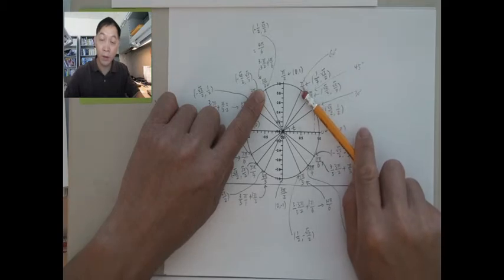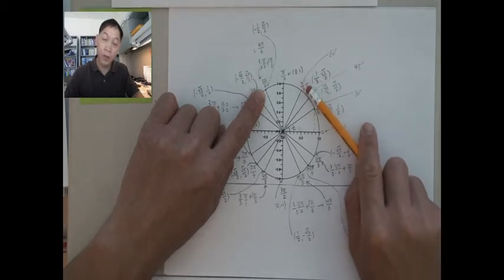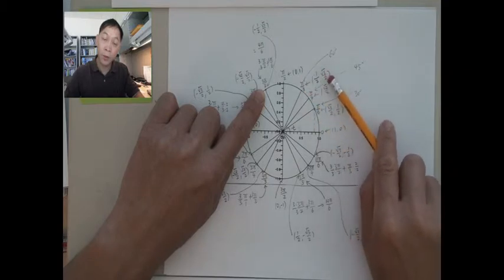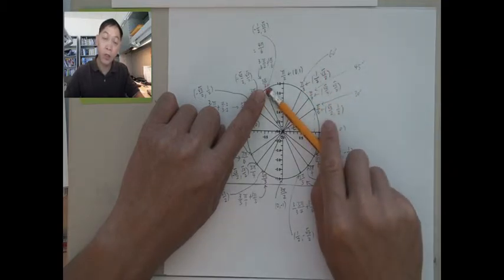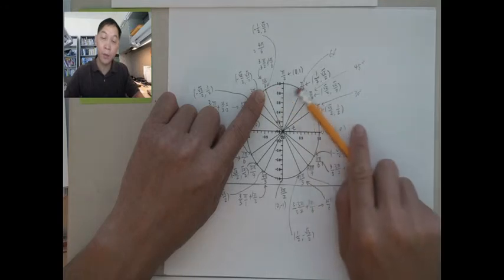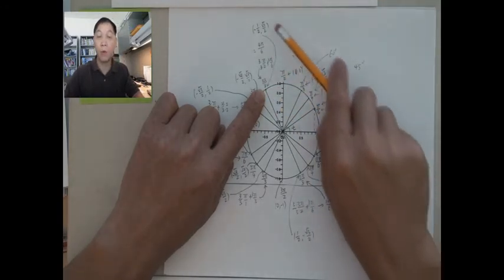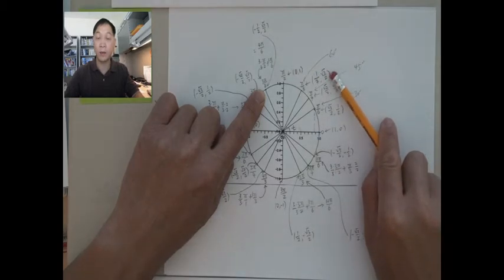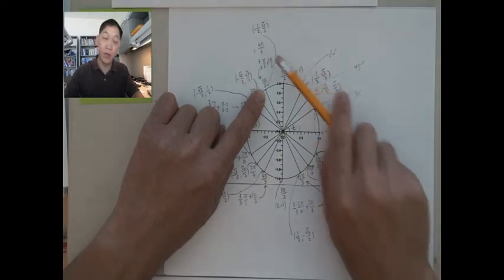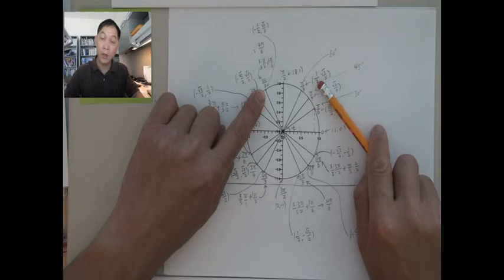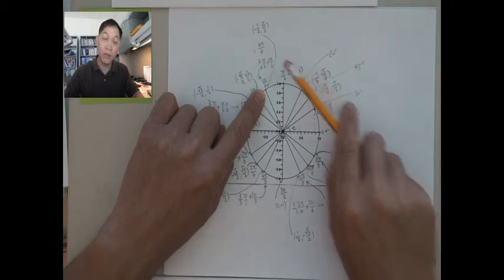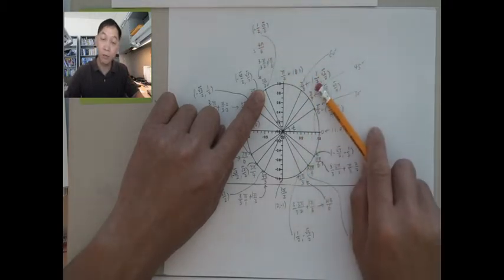Okay, because right here is pi over 3. So sine pi over 3 is radical 3 over 2 equals sine 2 pi over 3. Okay, yeah, because y coordinates are the same. Y coordinates are sine. But x coordinate is different now. X coordinate here is 1/2, here is negative 1/2.